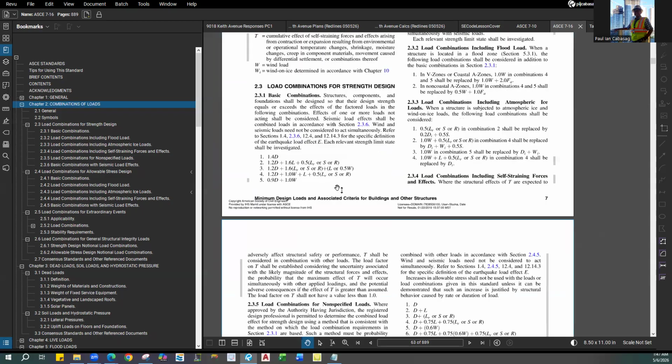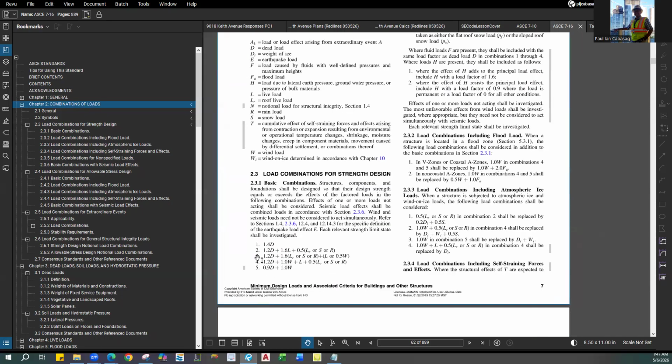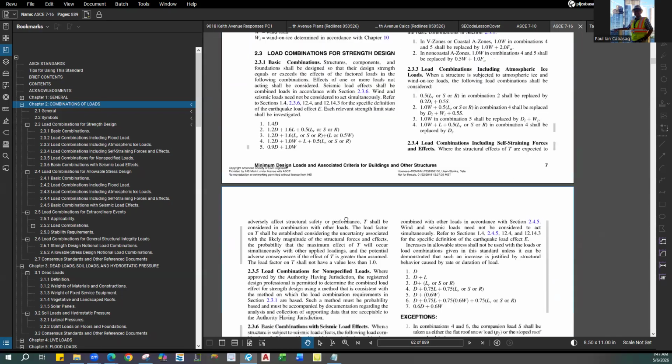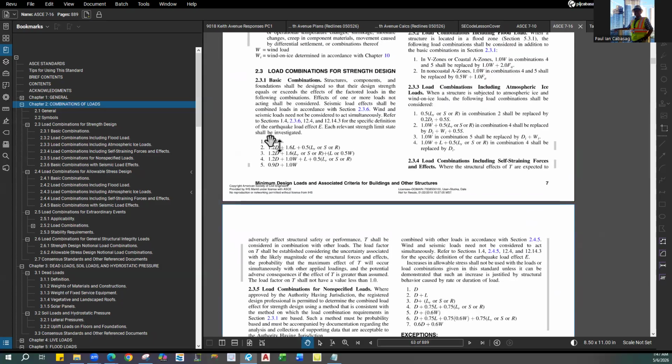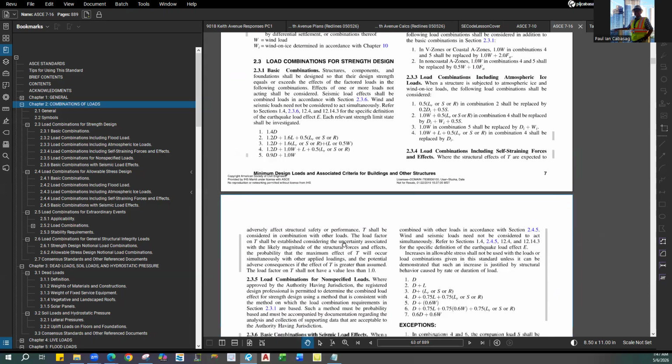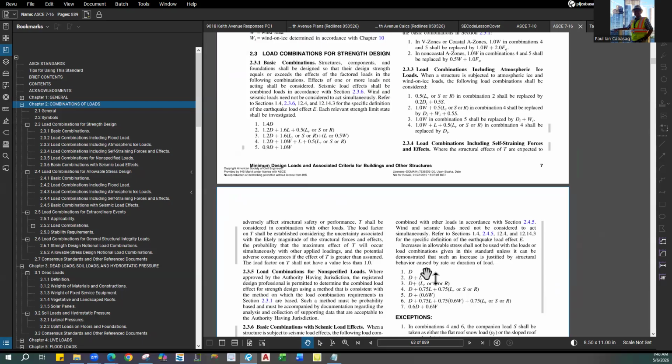And primarily when you're looking at this, you have to look at the loading factor. As you can see for the LRFD, mainly they try to bump up the loads. Well, that's one of the big differences, except for this 0.9 here and the 0.5. But for the ASD, mainly they try to maintain that load or reduce it.